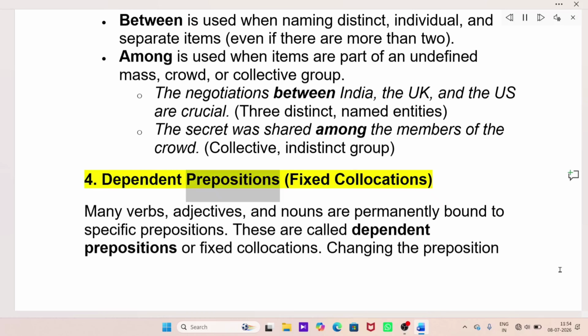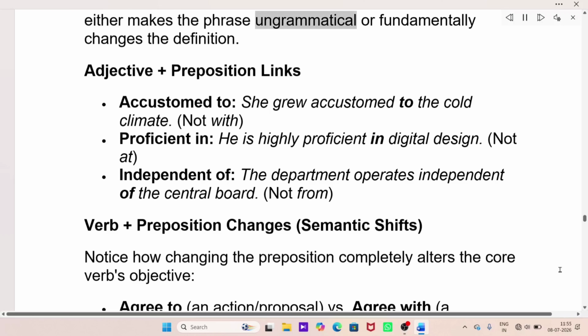4. Dependent prepositions, fixed collocations. Many verbs, adjectives, and nouns are permanently bound to specific prepositions. These are called dependent prepositions or fixed collocations. Changing the preposition either makes the phrase ungrammatical or fundamentally changes the definition.